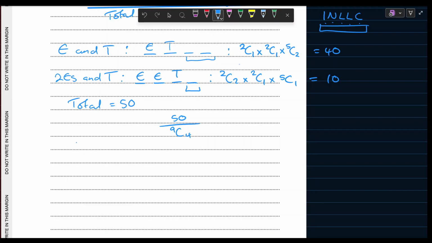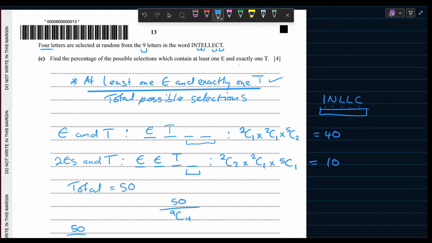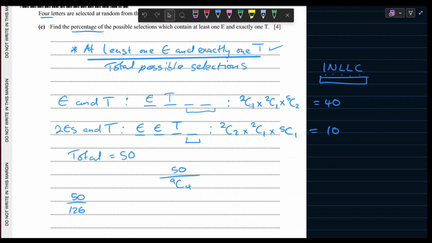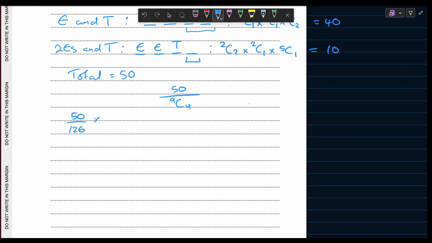That's 126, so 50 over 126. And they say they want this as a percentage, so we can multiply by 100. So 50 over 126 multiplied by 100 gives us 39.7% to 3 significant figures, and that's going to be our final answer.